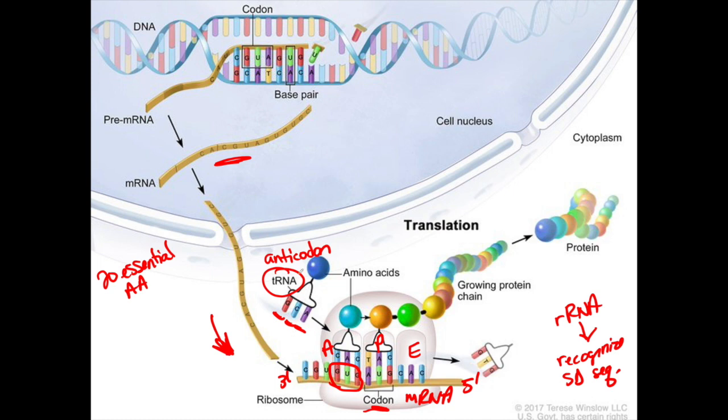And at the opposite end of the anticodon on the tRNA is the actual amino acid that it encodes for. So the ribosome is going to randomly throw these tRNAs into the A site. A stands for acetyl site.